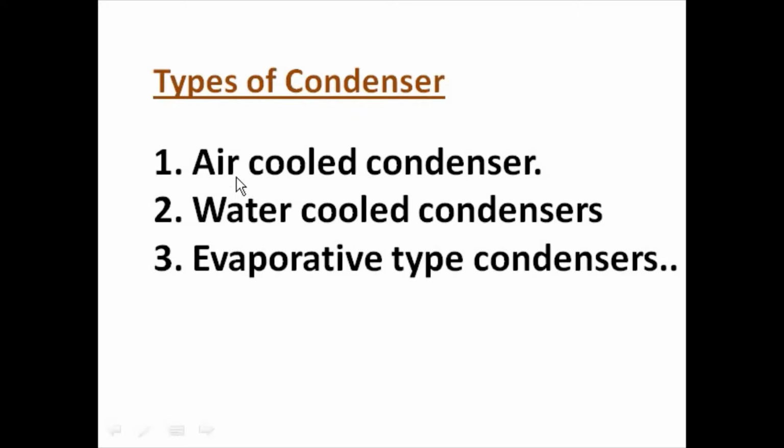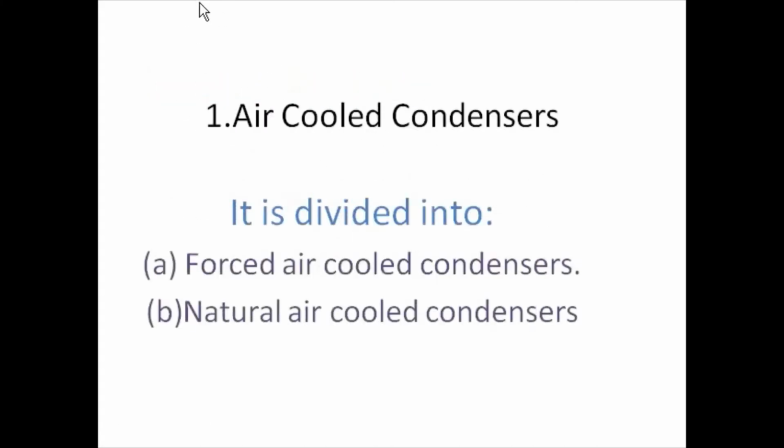Let's start by explaining air-cooled condenser. It is divided into two classes. The first class is forced air-cooled condenser, and the second is natural air-cooled condenser. You can ask yourself, what is the difference between these two?